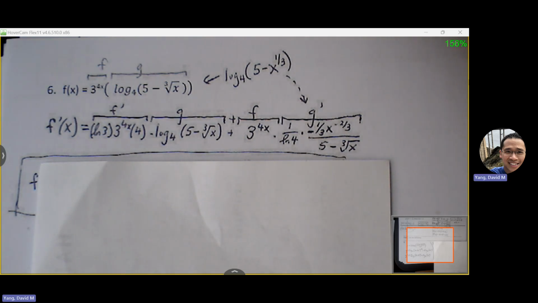3 to the 4x is very much like e to the u times u prime with a little bit of conversion in front.